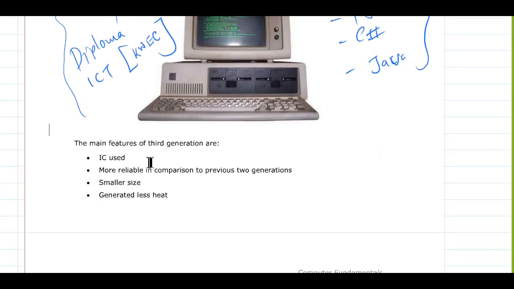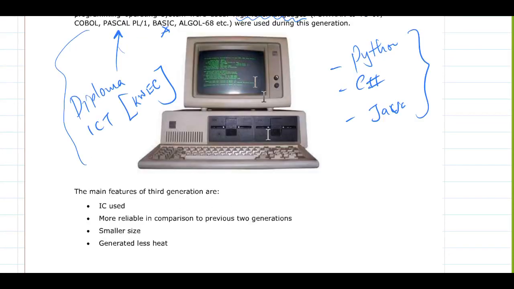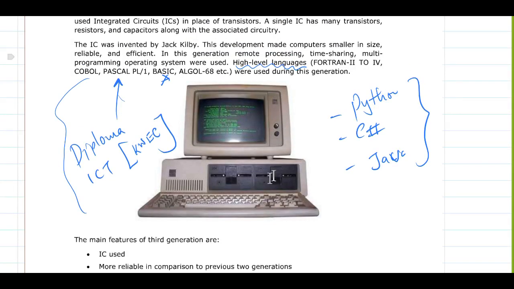The main features of the third generation are ICs, as we have mentioned, that replaced transistors. They are more reliable than second generation and much smaller in size. And of course, you can now see how the third generation of computers look. They were much smaller. Now they could be put on a desk, not the size of a table or a bench.